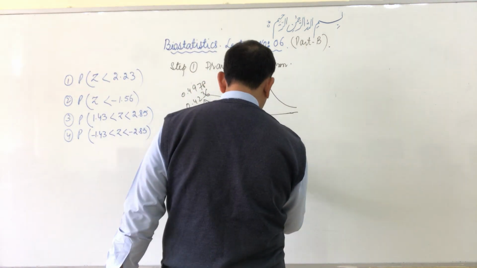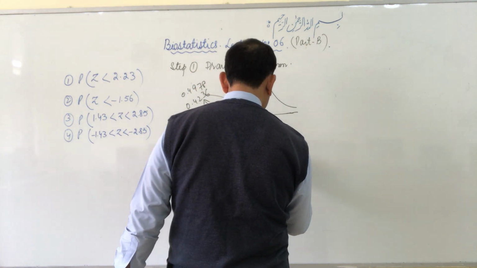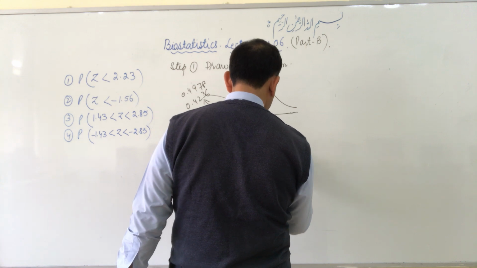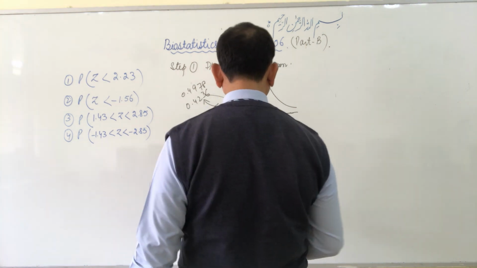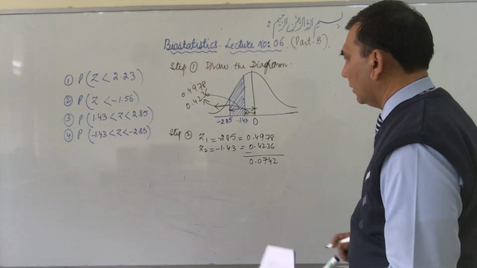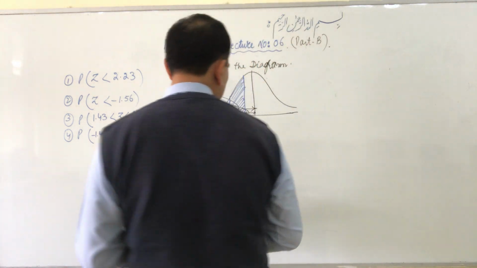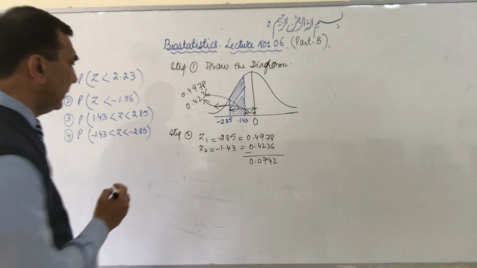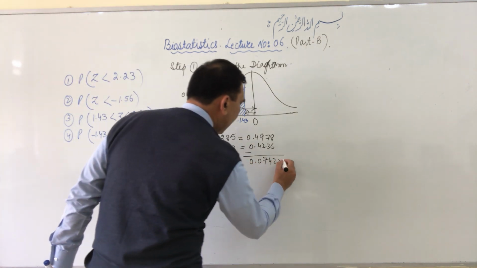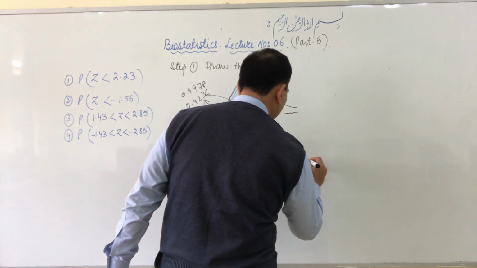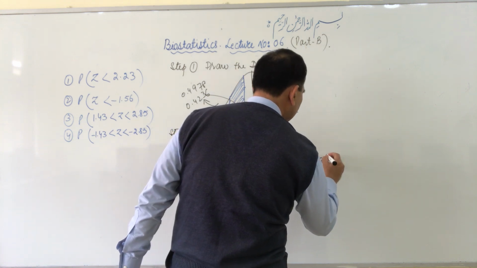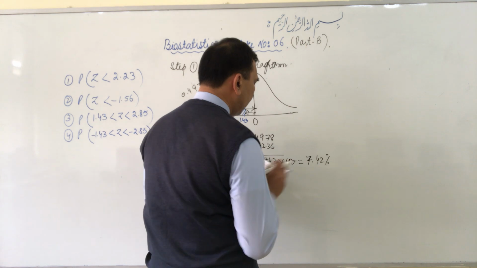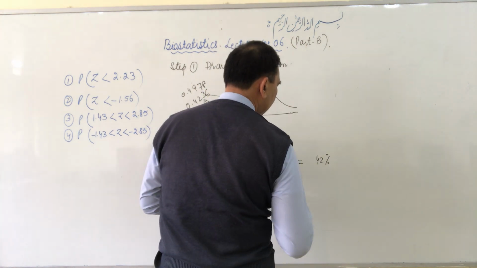It will be 0.0742. When we multiply it by 100, it will be 7.42%.